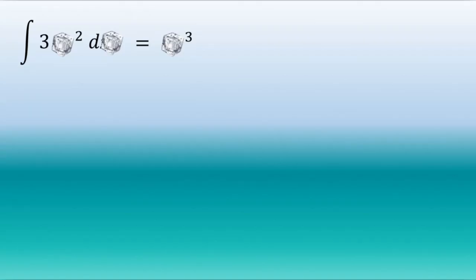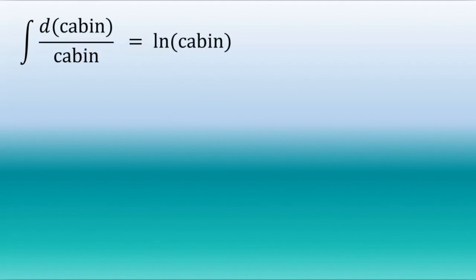Okay, I guess before signing off, I've got to quickly recall these old jokes. The integral of 3 ice squared d ice is ice cubed. Okay, well, think about it. And then if you take the antiderivative of 1 over cabin times d cabin, the answer is natural log cabin.